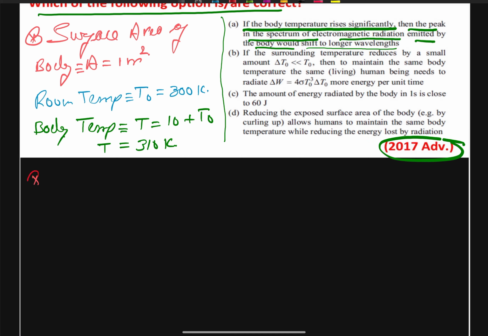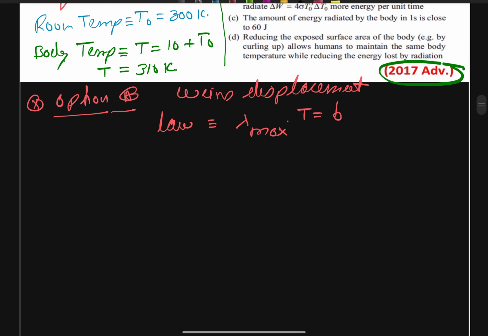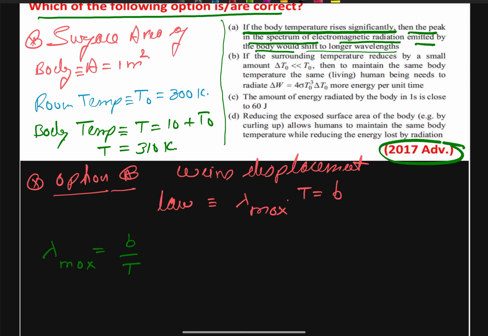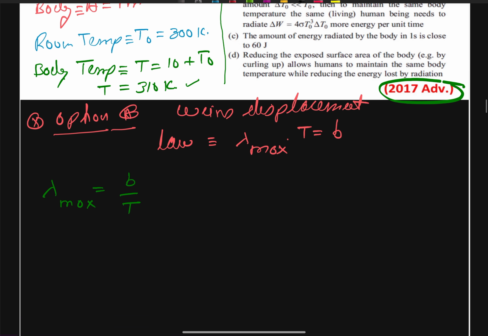So for option A, as per Wien's displacement law, we know that the product of maximum wavelength and temperature is equal to a constant, which is represented as B. Therefore, lambda max will be equal to B upon T. In the question, the body temperature increases significantly, so the temperature of the body is greater than 300 Kelvin.